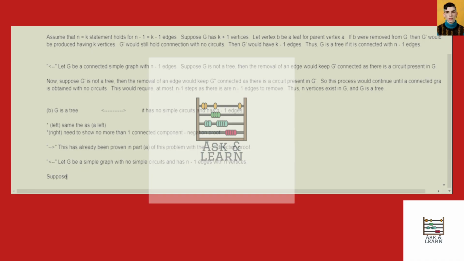I want to suppose, this is where I'm doing what I'm not supposed to be doing, that G has more than one connected component such that any two vertices, such as C and D, would have two possible paths. If they have two possible paths, that means that G would contain a circuit, which is a contradiction.